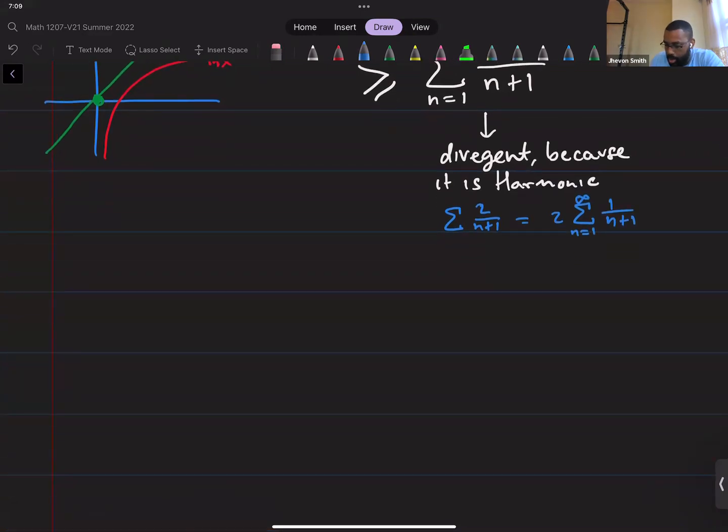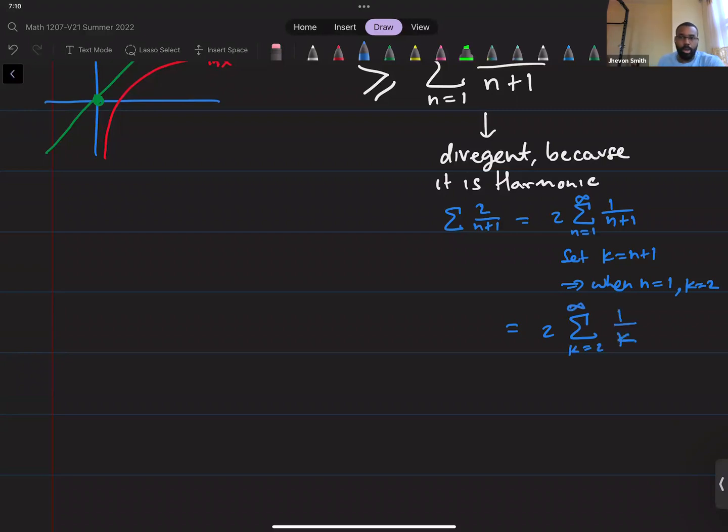If you set k equals n plus 1, then when n equals 1, k equals 2, and that just gives you the series k goes from 2 to infinity of 1 over k.